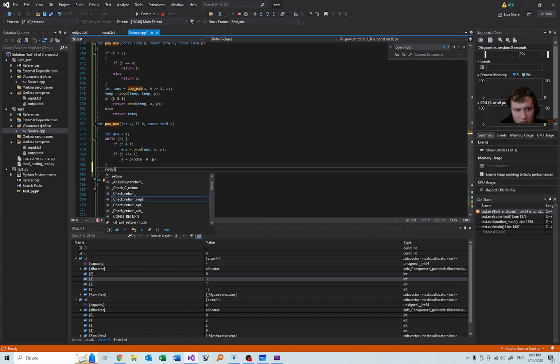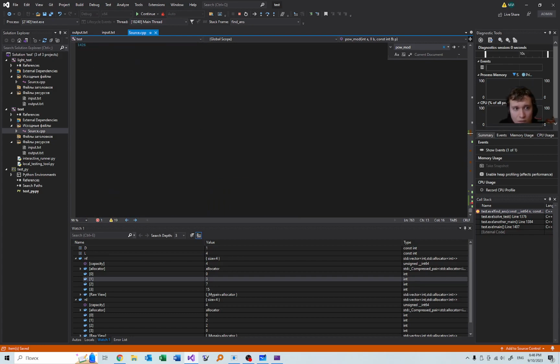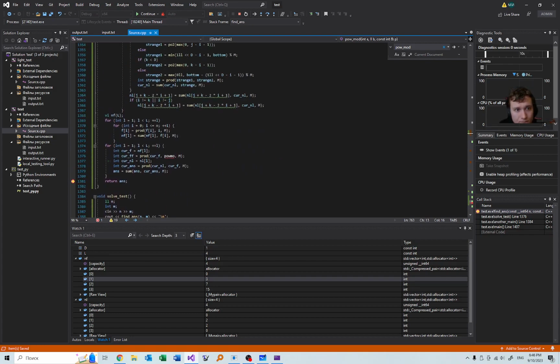And then in the end, return ans. This is power mod with long. Here I apply this version in which I use like m to the n minus l modulo m.